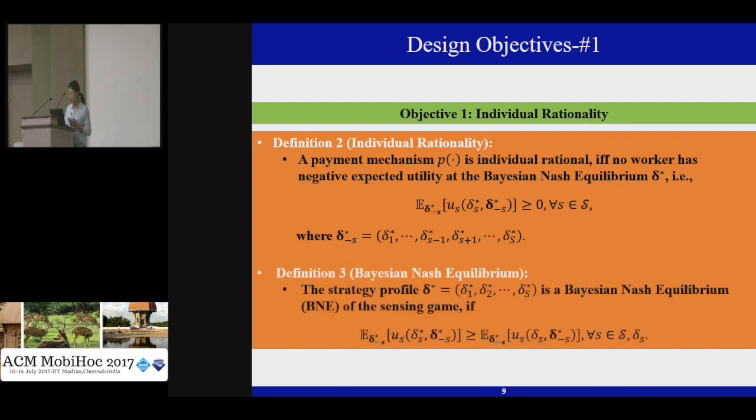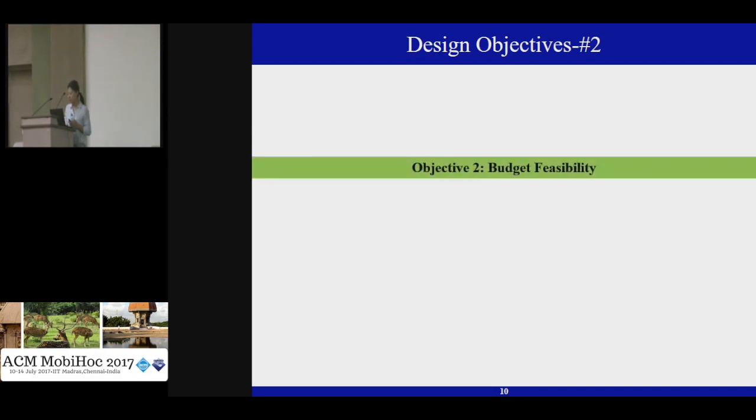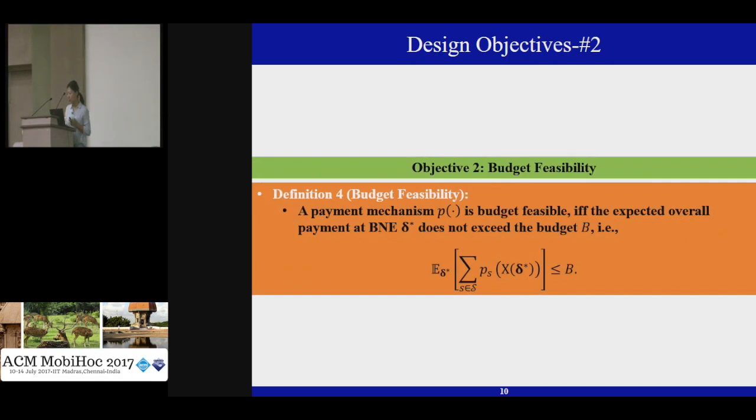The Bayesian Nash equilibrium, or BNE for short, is a strategy profile such that each worker s maximizes her expected gain by taking the strategy specified by the BNE, given that other workers take their BNE strategies. The second design goal is budget feasibility, which means the platform's expected overall payment at the BNE does not go beyond budget B.